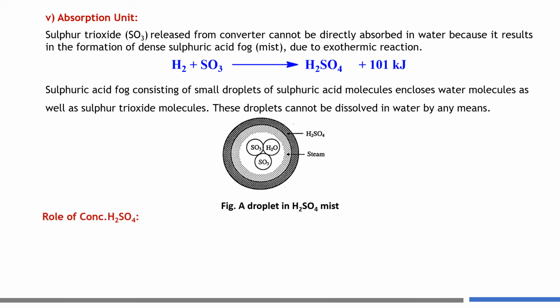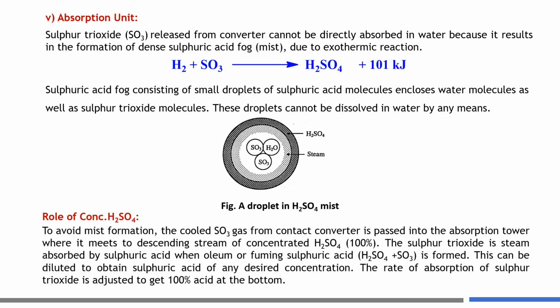Role of concentrated H2SO4. To avoid mist formation, the cooled SO3 gas from the contact converter is passed into the absorption tower, where it meets the descending stream of concentrated sulfuric acid, that is 100%.